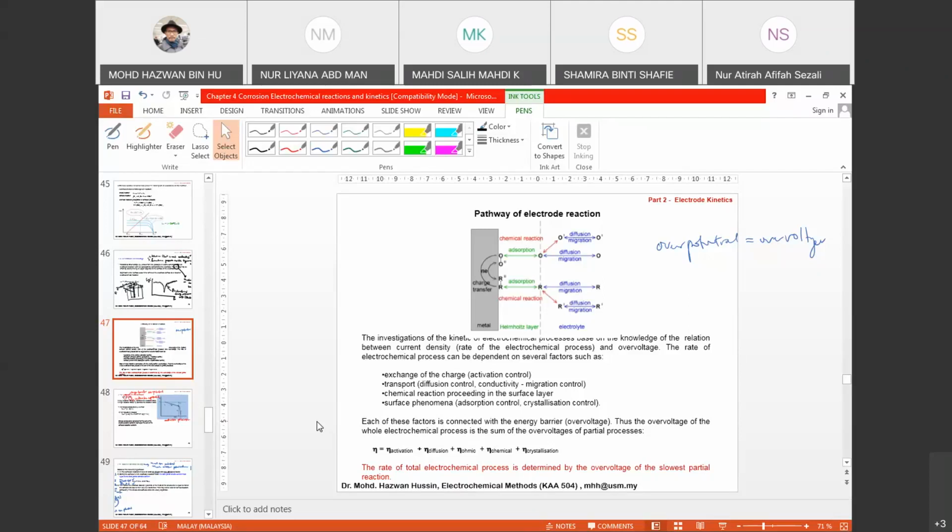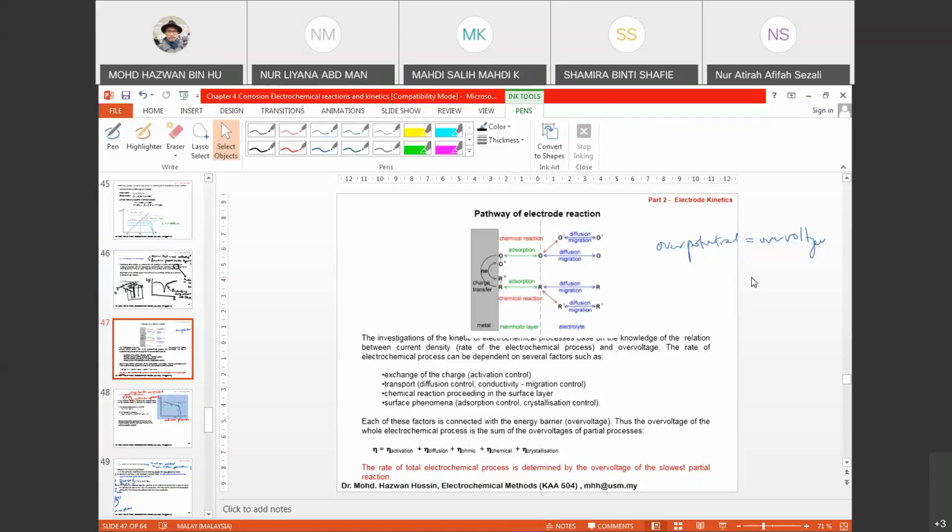That is why the overall overpotential value is calculated as the sum of each partial overpotential value. Over here, you will see that eta equals eta activation plus eta diffusion plus ohmic resistance overpotential plus chemical overpotential plus crystallization overpotential.